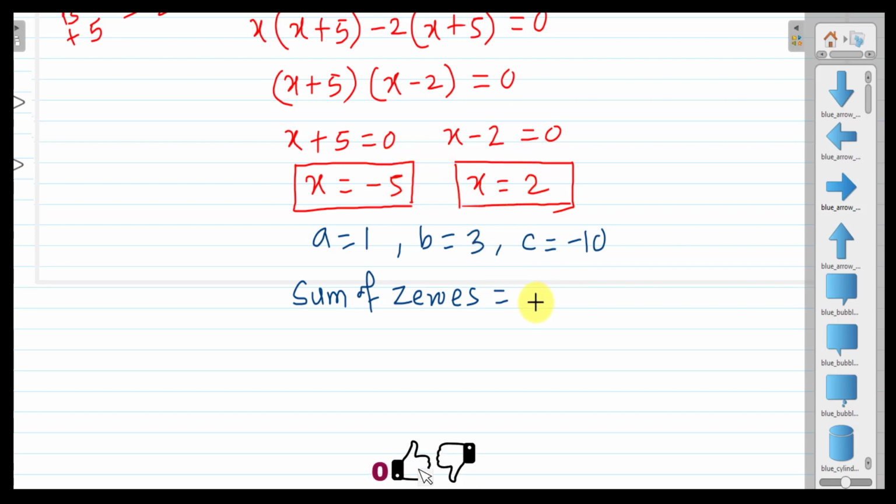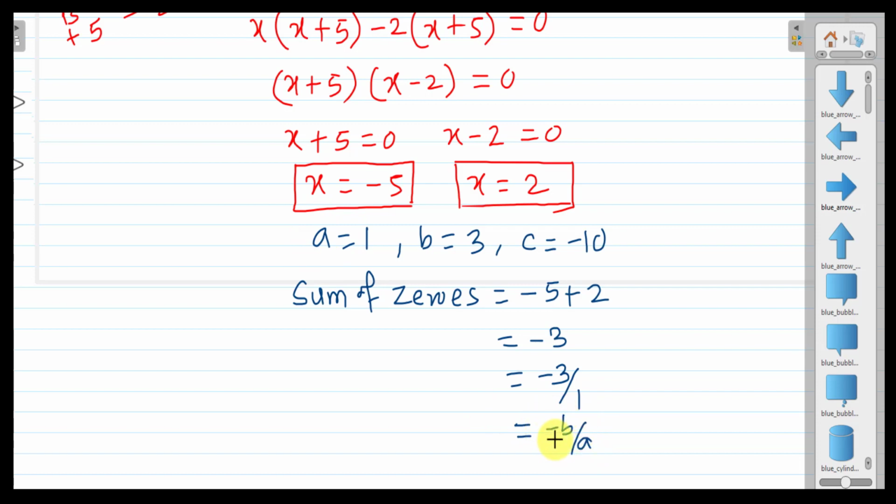These are the zeros, so it will be minus 5 plus 2, and that is equal to minus 3. This can be written as minus 3 upon 1. What is minus 3? b is equal to 3, so minus b is equal to minus 3. So minus 3 can be replaced as minus b, upon 1. 1 is what? That is a. So this is the coefficient of x and this is the coefficient of x square. So the sum of the zeros is equal to minus b upon a.